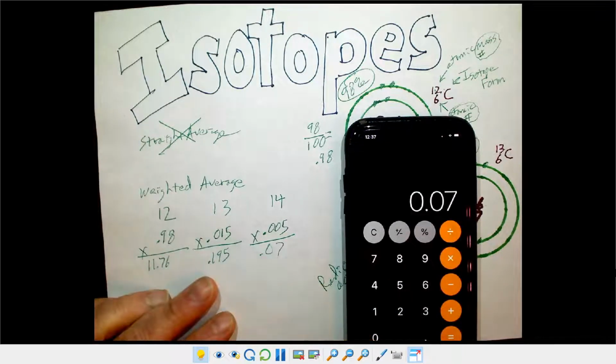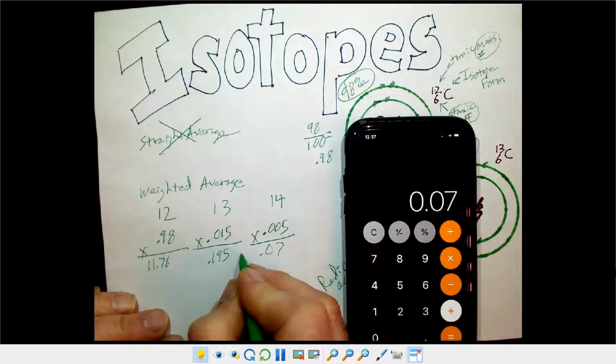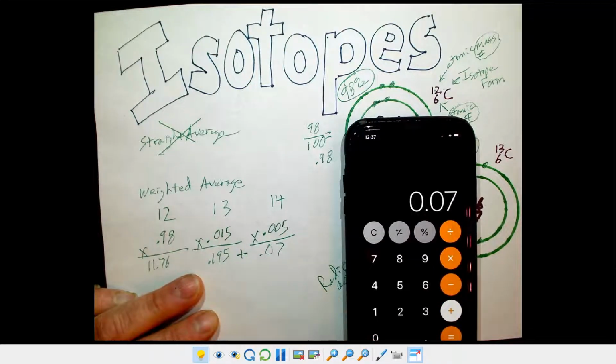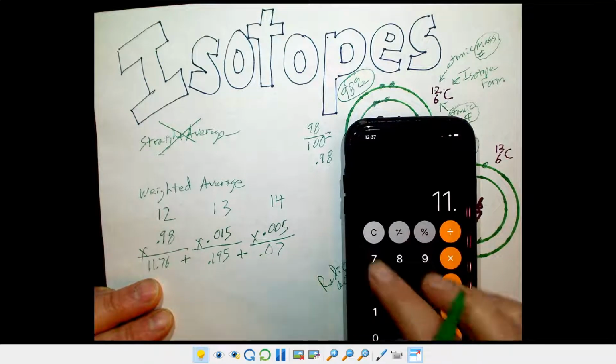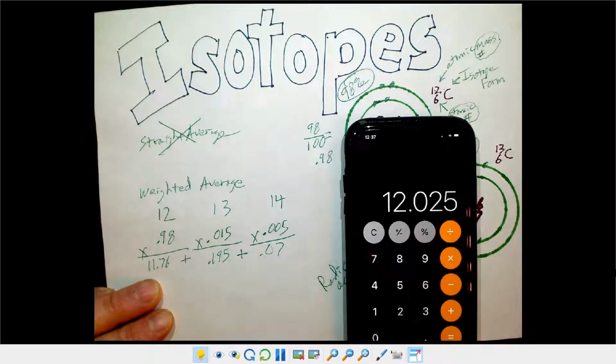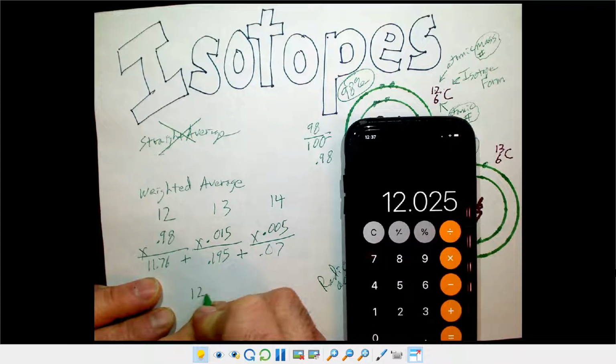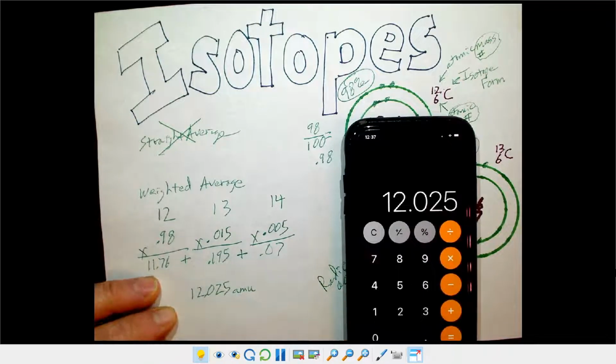Now let's add up all those numbers together. We'll take this one, add it to the 0.195, and then add that to the 11.76. And what we get is 12.025 AMU.